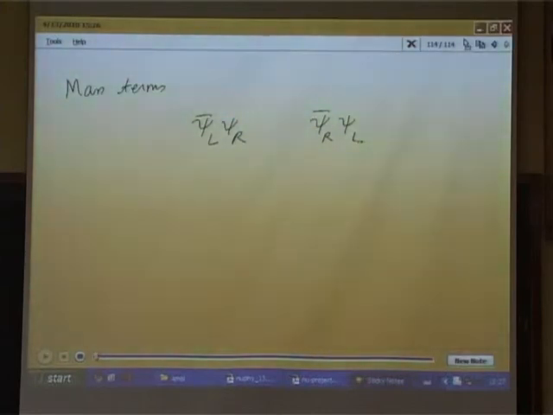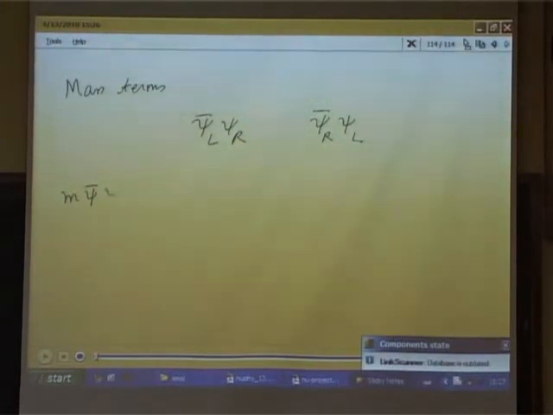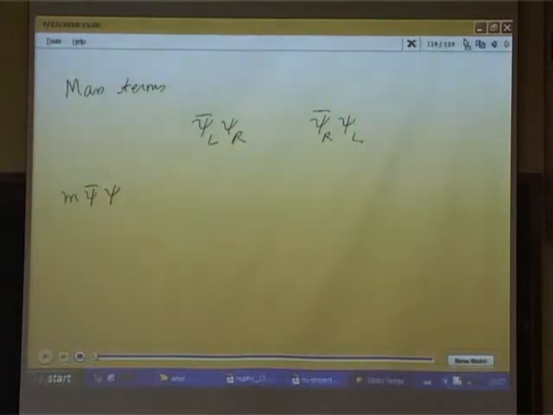Let me give you a very simple proof of this. The mass term should look like m psi bar psi. You agree, because the dimension should be 4 and a fermion has dimension of 3/2.